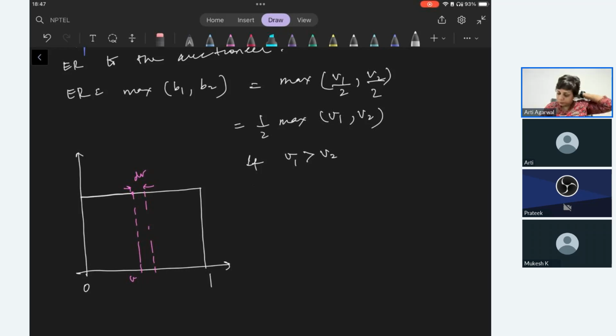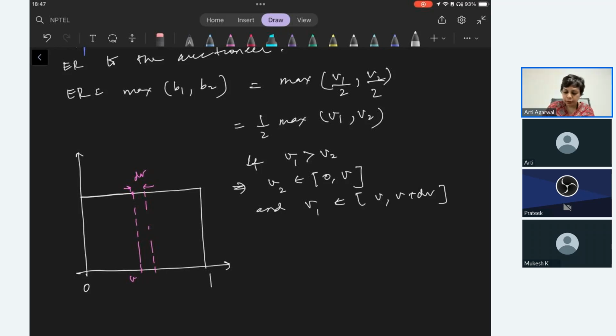This implies that V2 belongs to the interval 0 to V, right? And V1 belongs to the interval V comma V plus dV. So we are saying that V2 is somewhere here in this space, and V1 is somewhere in this corner.